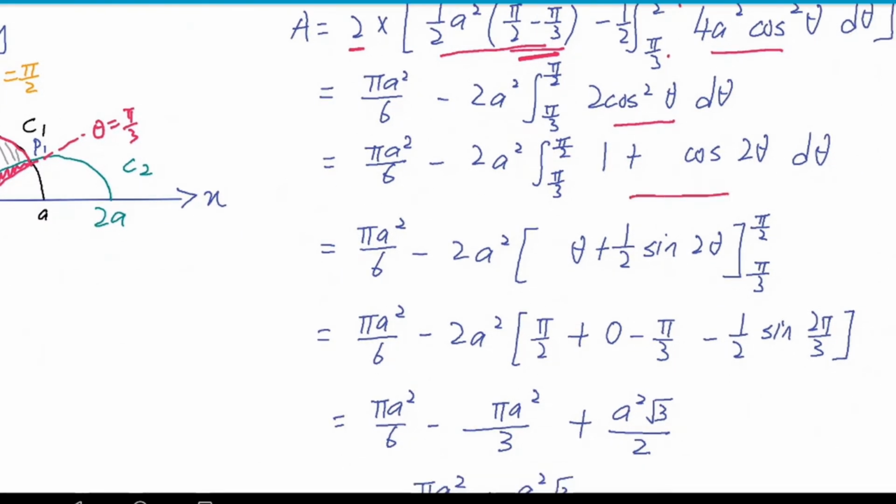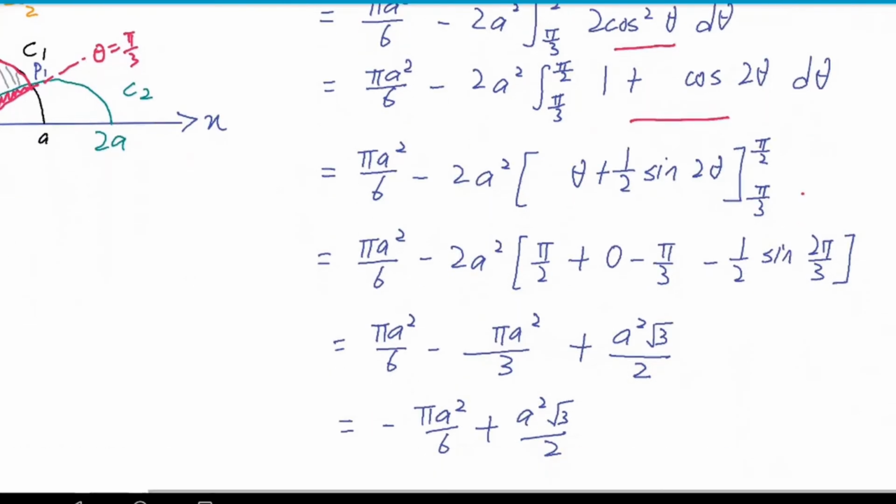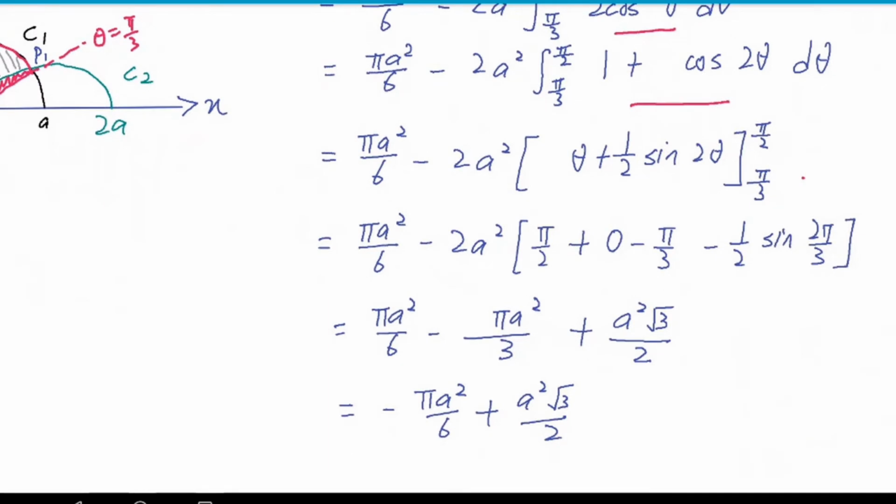For this 2 cos squared, change that into the double angle in order for us to integrate. So just integrate accordingly. Once we integrate everything and deal with all the constants, we are able to show this is the exact area. Yeah, so a lot of things to evaluate from here.